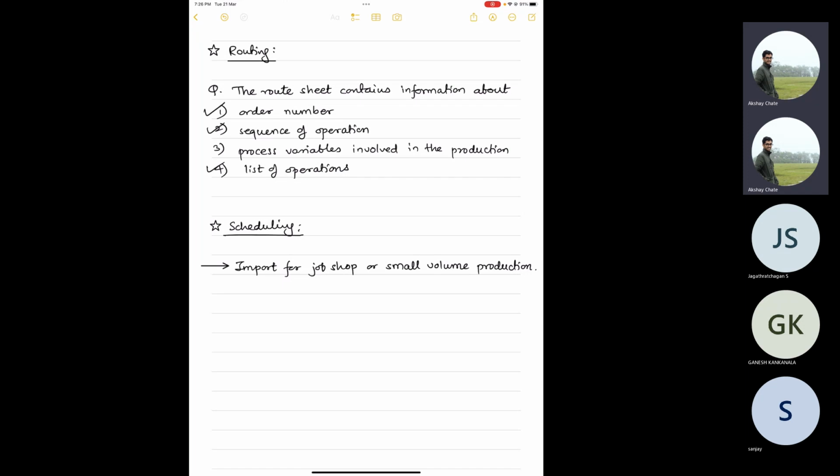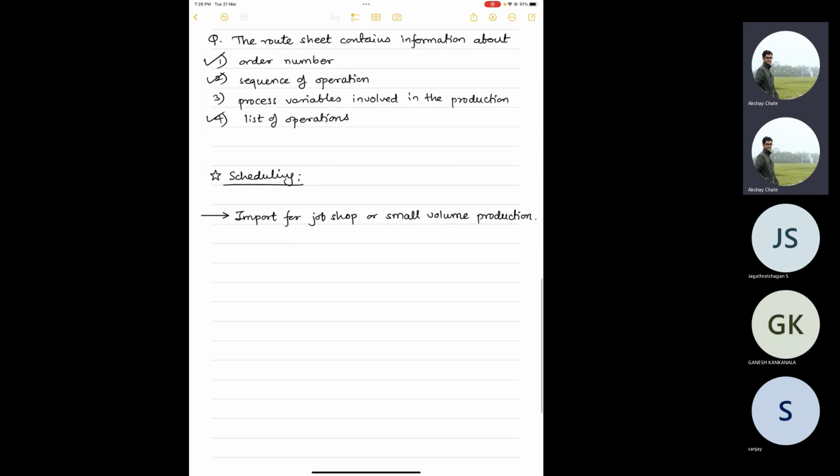There is one important tool, let's say, we'll just list down, which is called the Gantt chart. I think it is named after the person who invented it. It's quite old.